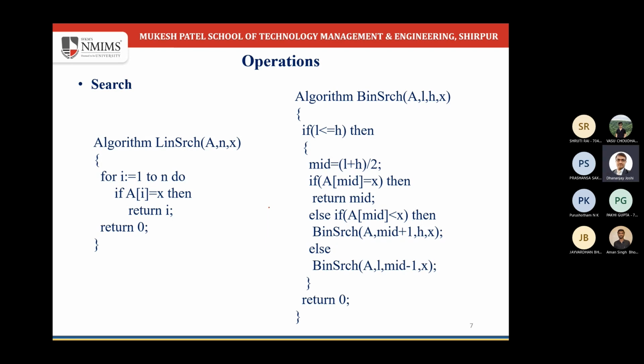If the element to be searched is less than the middle element, then we will search in the first half, the elements present before the middle element. If the element to be searched is greater than the middle element, then we will search in the second half, since the list is sorted.